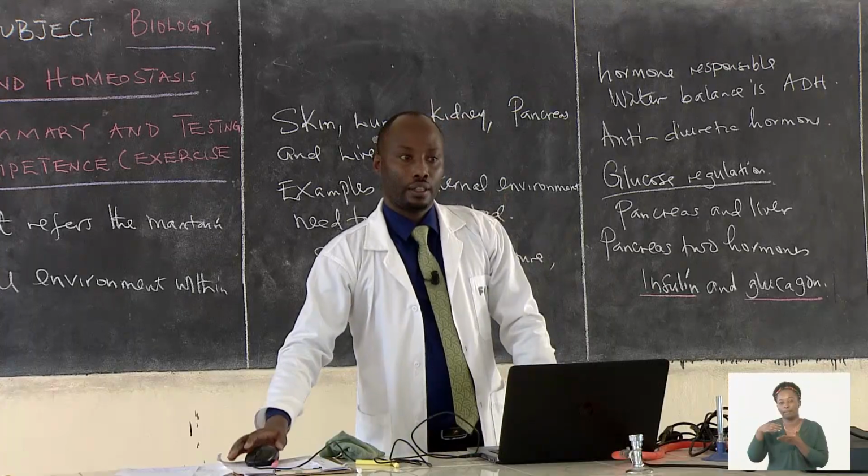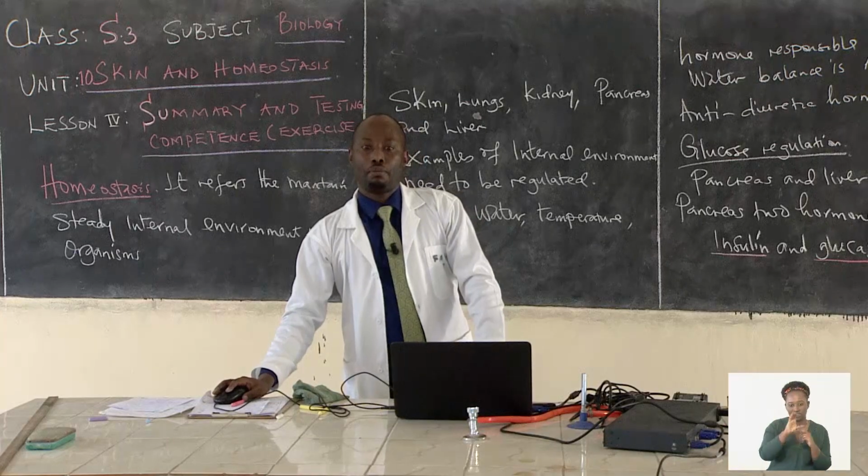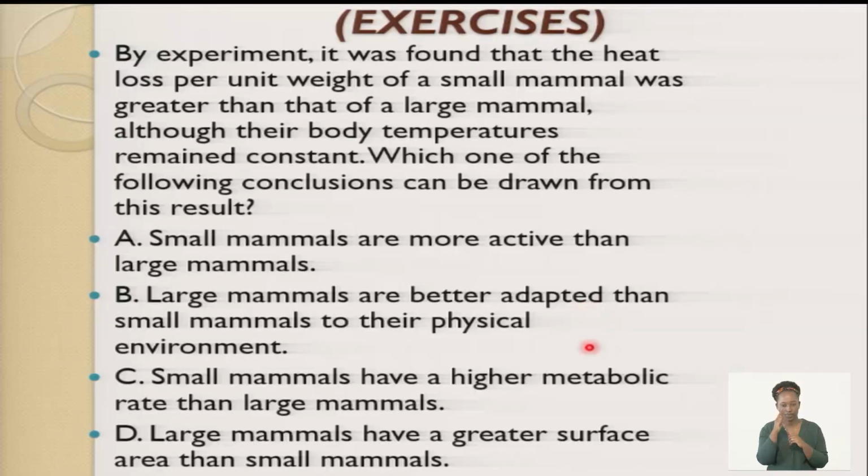So A is wrong. Then B, large mammals are better adapted than small mammals: that one is also not correct. C, small mammals have a higher metabolic rate than large mammals. That is obvious, that is very true. There's what you call BMR, BMR.